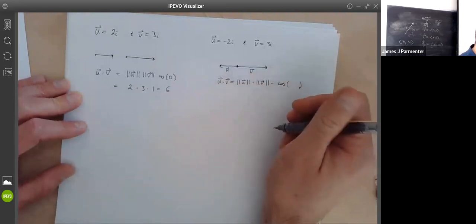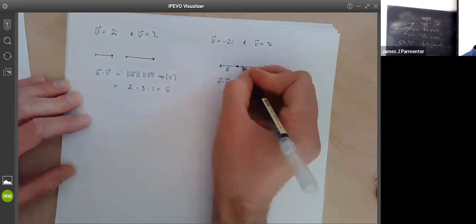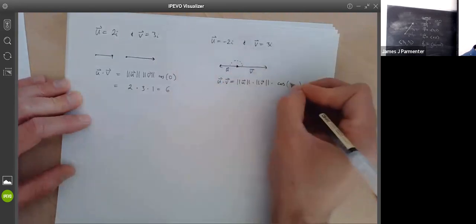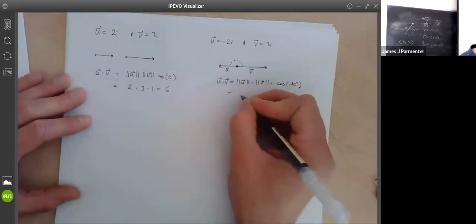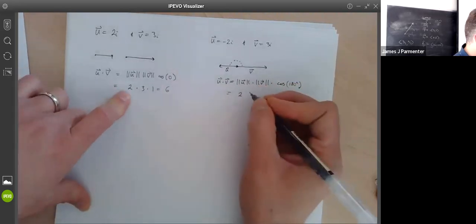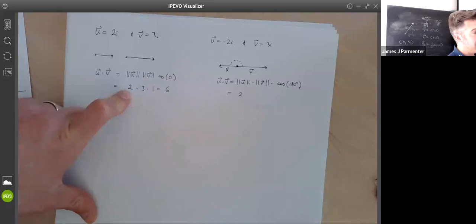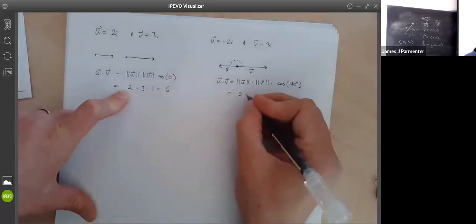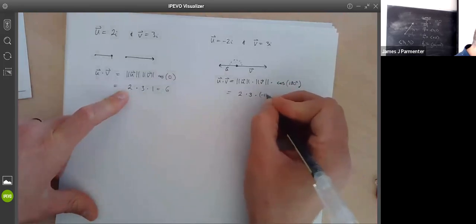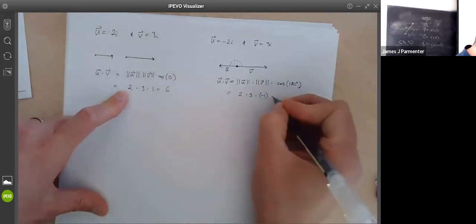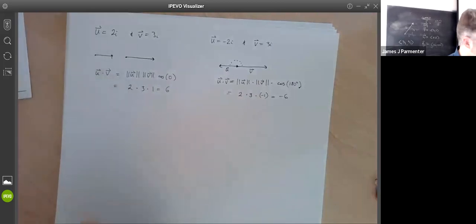What's the angle now? The angle is 180, or pi if you prefer, which we kind of do prefer. So the magnitude of u is still 2 because it has a length of 2. Magnitude is always a non-negative number. Magnitude of v is 3, but cosine of 180 is negative 1. So the dot product of these two vectors is negative 6.